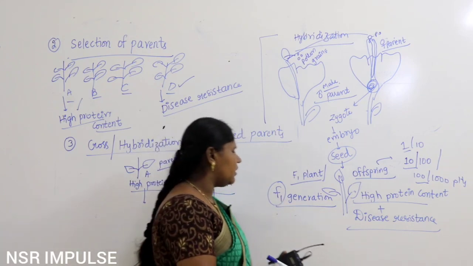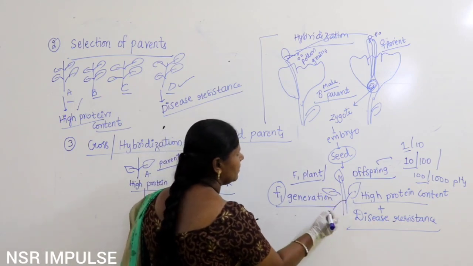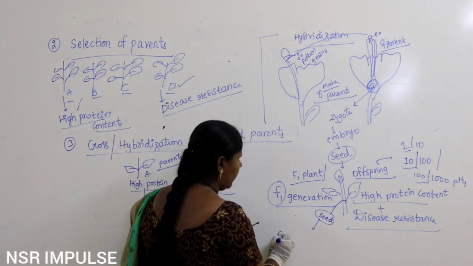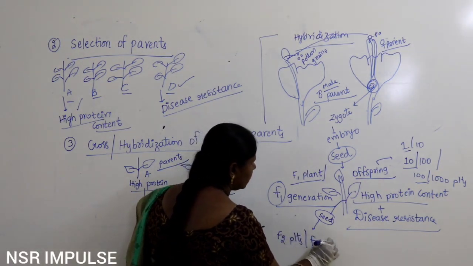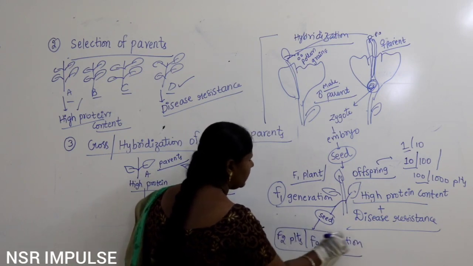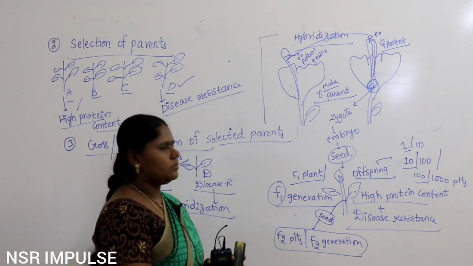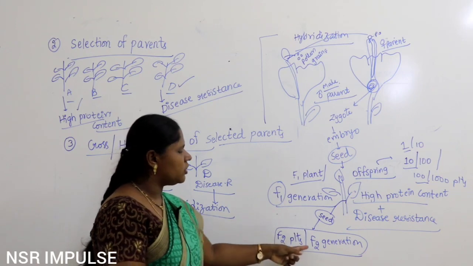Right. Next I will continue: again I will take seed from the F1 plant, put it in the soil, and grow F2 plants, or the F2 generation.